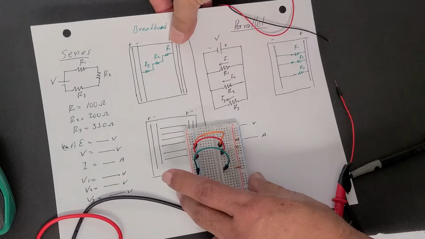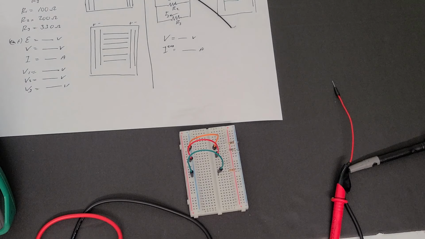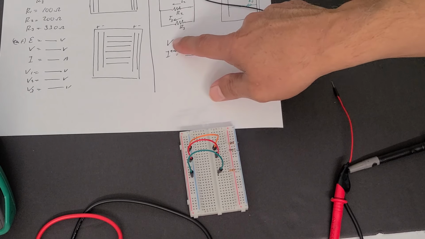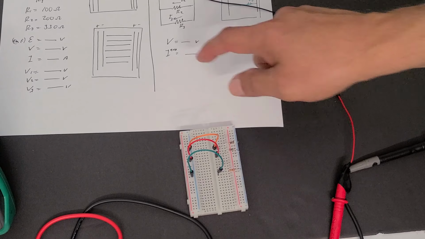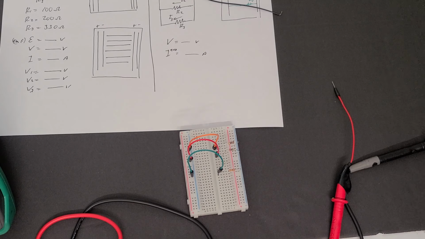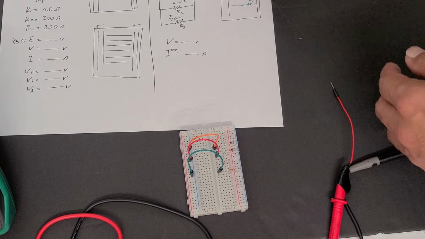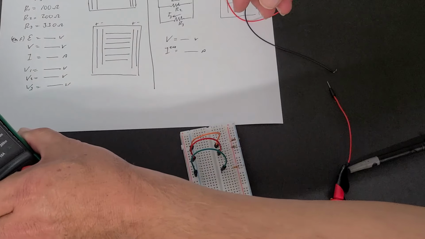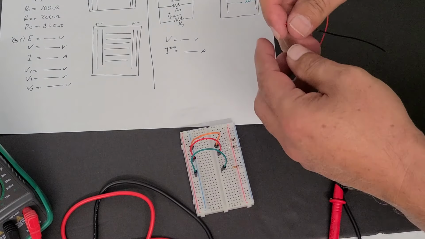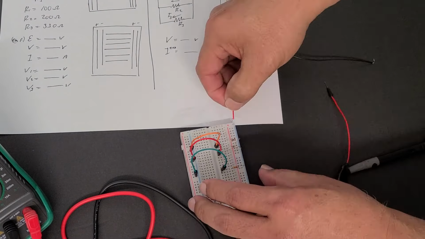Now let's find what? In this case we're looking for the voltage and the current. Okay, let's do it. Let's connect the battery one more time. This is one terminal, another terminal right here.